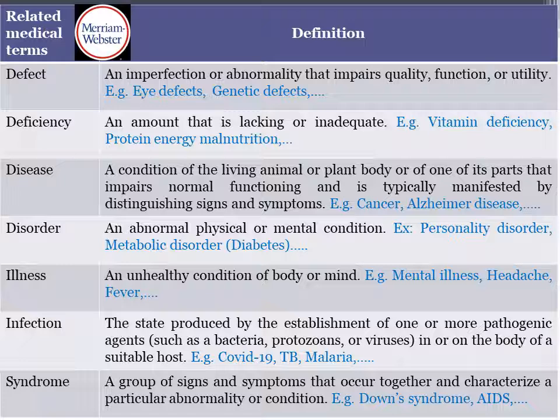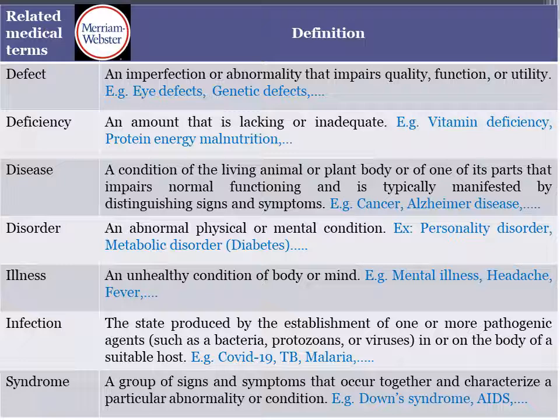There are many conditions which are even genetic or caused by some deficiency. So let us see the definitions of some of the selected terms one by one. So in future, if someone asks you, you can understand the differences between these and explain the same.